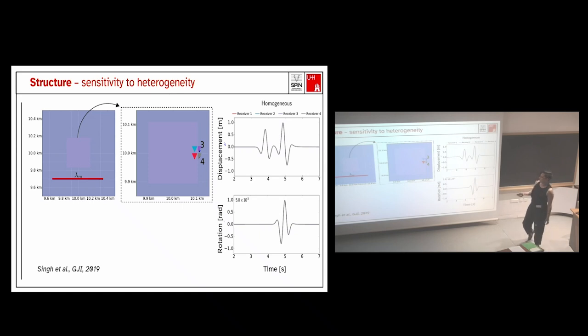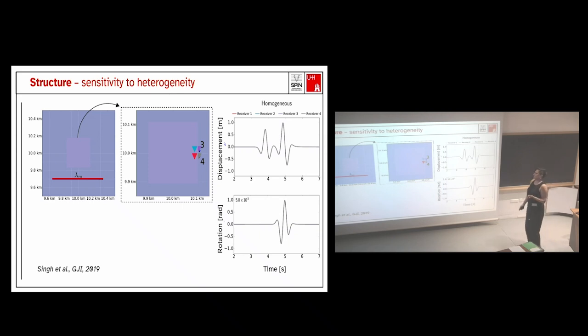And what she did to do that is numerical experiments where she started first with just a homogeneous model and put 4 measurement points, stations, really close to each other. If you have an earthquake somewhere happening off screen there, the signal recorded by those 4 stations will look exactly the same for the displacement, but it will also look exactly the same for the rotation.